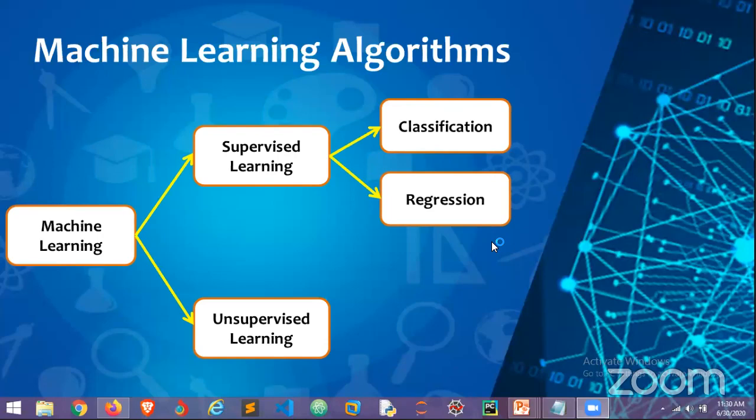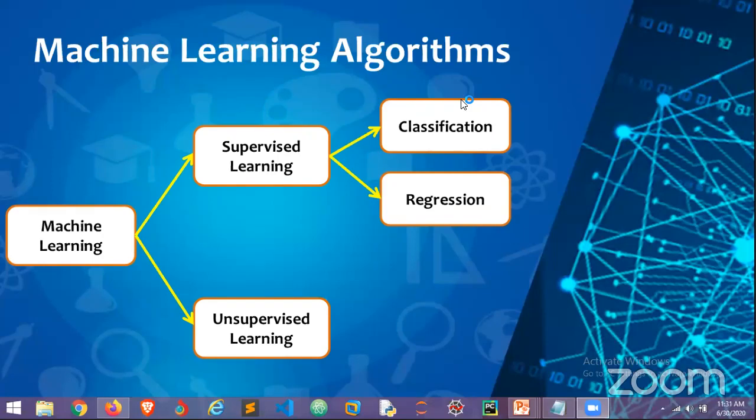I said machine learning is classified into two main categories: supervised machine learning and unsupervised machine learning. Again, supervised machine learning has subcategories of regression and classification. Regression has different types, like simple linear regression, multilinear regression, polynomial regression.